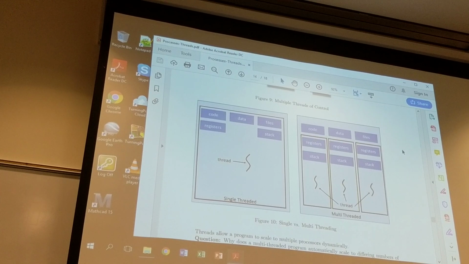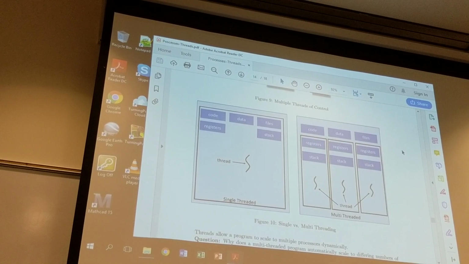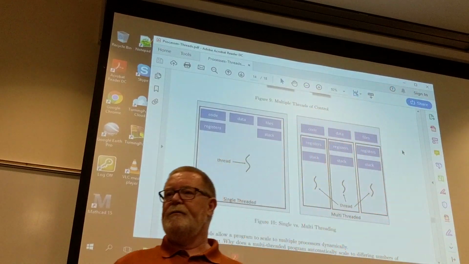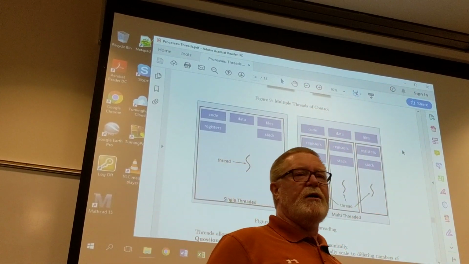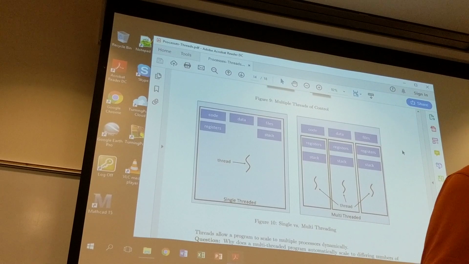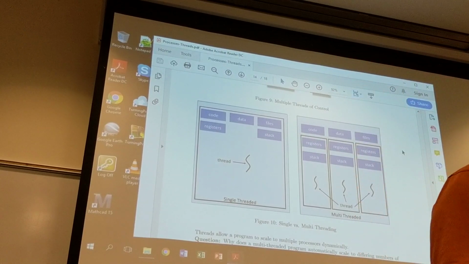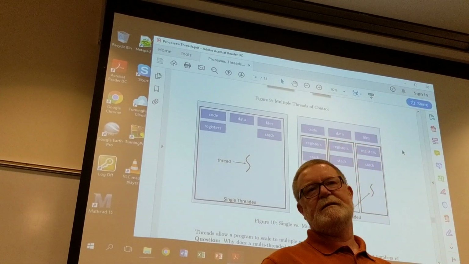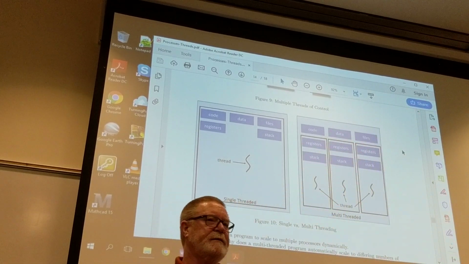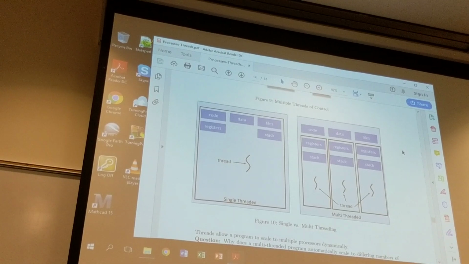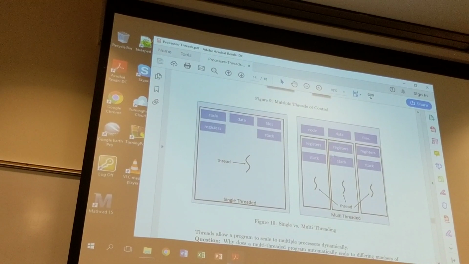So different threads could go and stomp all over some other thread. So it's harder to program in a multi-threaded environment than a single-threaded environment because you have to be aware that there are other threads out there, and there are specific programming techniques.